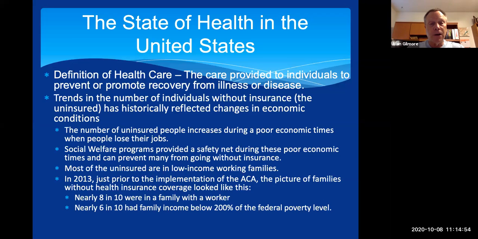So here was a family without health insurance, whose family members were employed, but most likely health insurance was not part of the benefit package they receive from their employer. And nearly 6 in 10 had family income below 200% of the federal poverty level. So we were definitely talking about what we spoke of in the last modular, Modular 7, about the working poor.